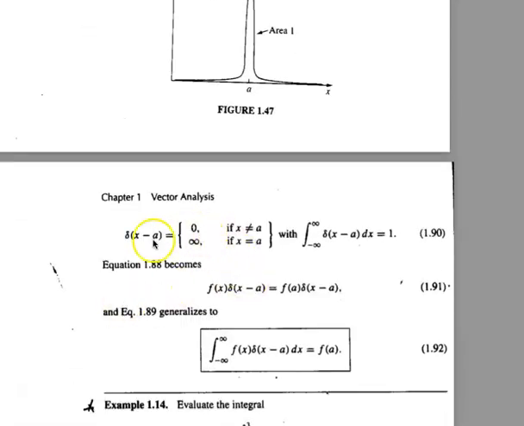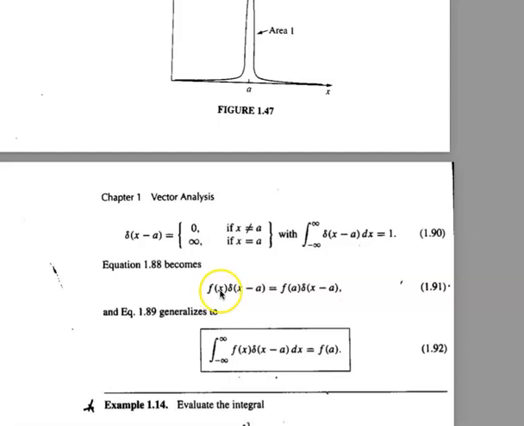So here then, as opposed to delta x only, now this is delta of x minus a. The function is 0 everywhere except x equals a. This is the standard form. And it's equal to infinity at x equals a. And the same is true again: if you integrate this delta over all possible values of x, you get 1.